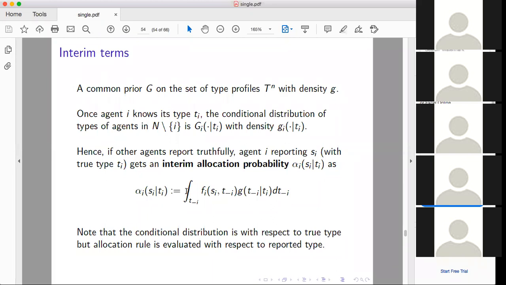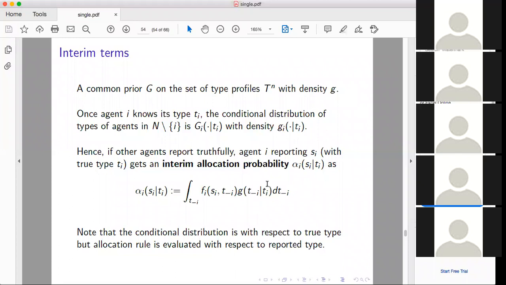Well, if he reports Si and others have T minus i as their type, remember the solution concept: if others decide to report T minus i truthfully, what is my expected utility maximizing strategy? So here also, if others report T minus i, I'm assuming that others are reporting their true types.